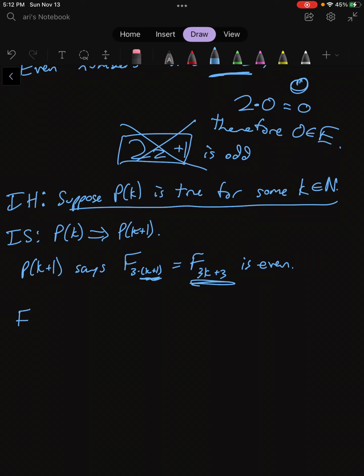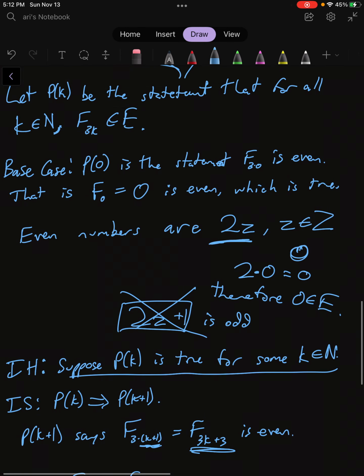So we know that f of 3k plus 3 is equal to f of 3k plus 2 plus f of 3k plus 1. Now, remember, when we're doing an inductive step, we want to use f of 3k.